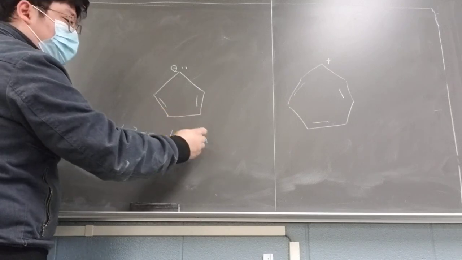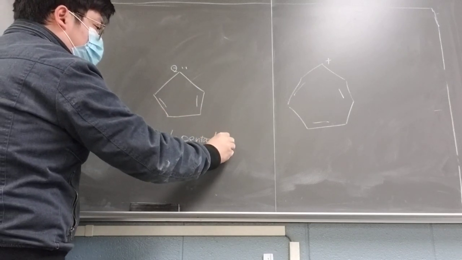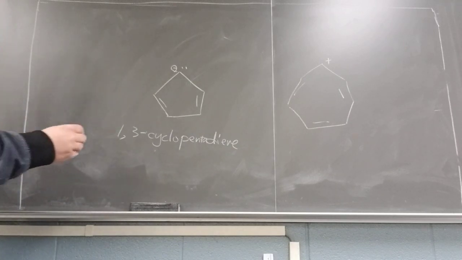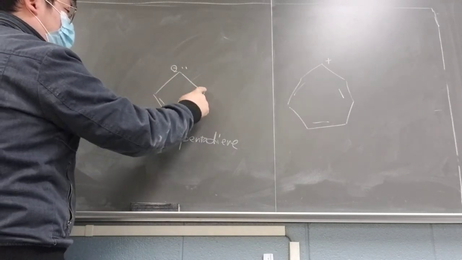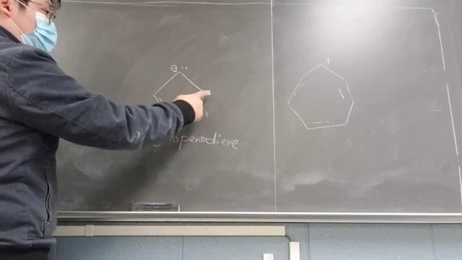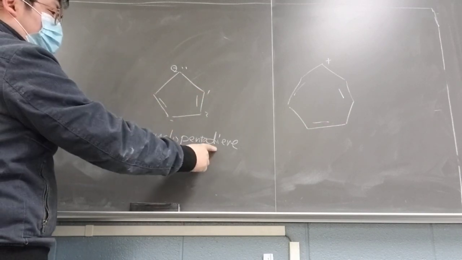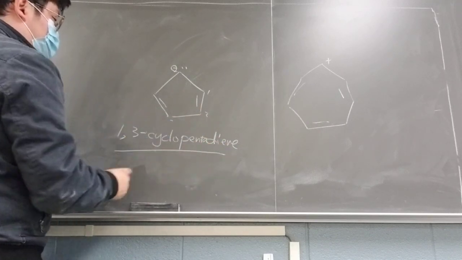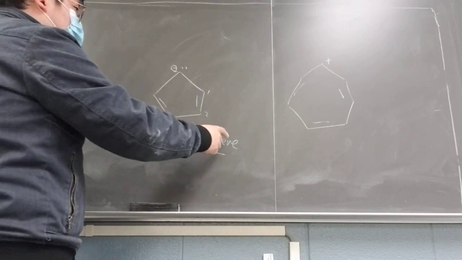Two double bonds, right? So we use diene. Because we have 5 carbons in the ring and 2 double bonds, we locate them at 1, 2, 3, so 1,3. So this is a 1,3-cyclopentadiene.